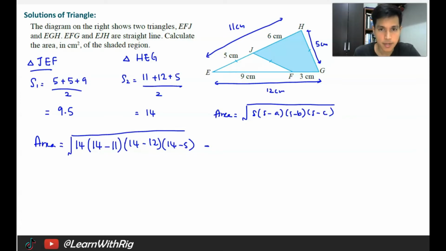And you're going to minus, let's say, the area of the shaded region. I'm going to do the whole thing in one calculation, minus the baby triangle.